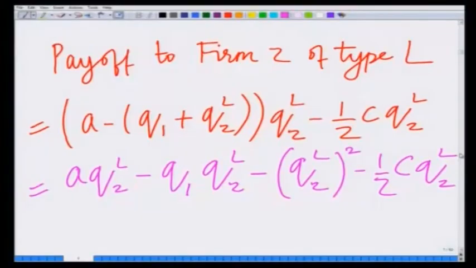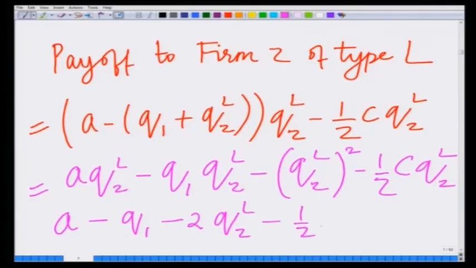So we have derived an expression for the payoff for firm 2 of type L. What do we have to do now? We have to differentiate this expression and set it equal to 0 to find the best response of firm 2 of type L. Therefore, I am going to differentiate this expression with respect to Q2L and set it equal to 0. I get A minus Q1 minus twice Q2L minus half C equal to 0.